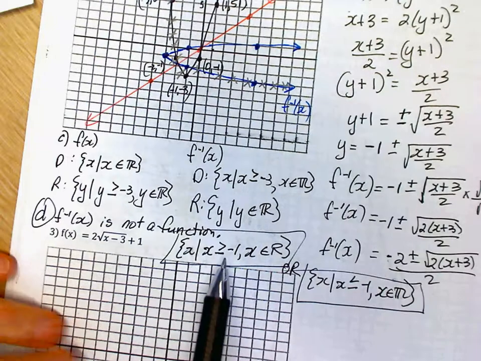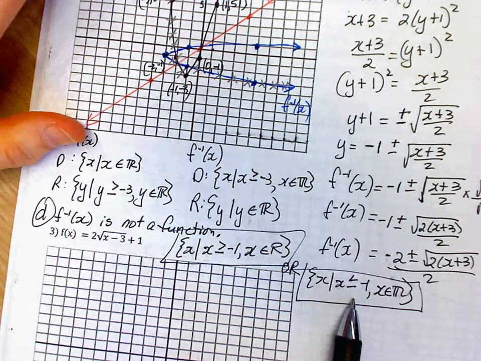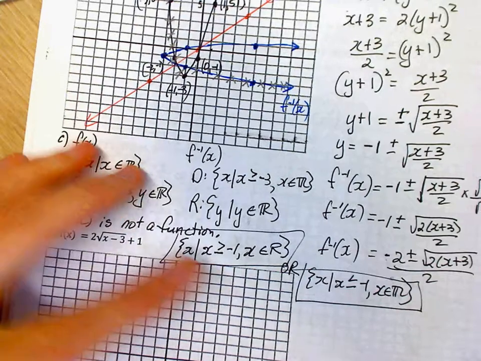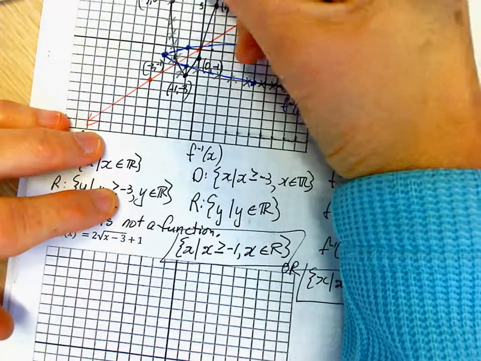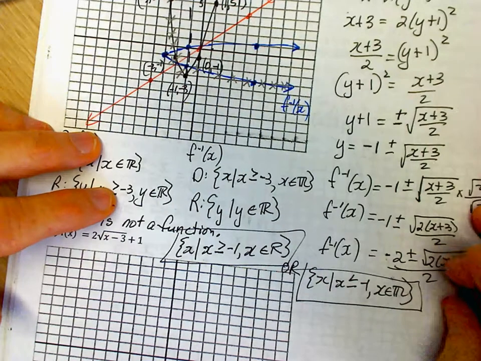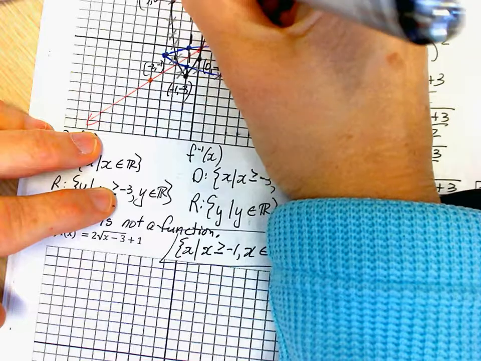Either one answers the question. Why is it -1? Because that's what cuts the graph in half, right? The equation of the axis of symmetry is x equals -1. So it's either less than that or greater than that. Yeah. Good.